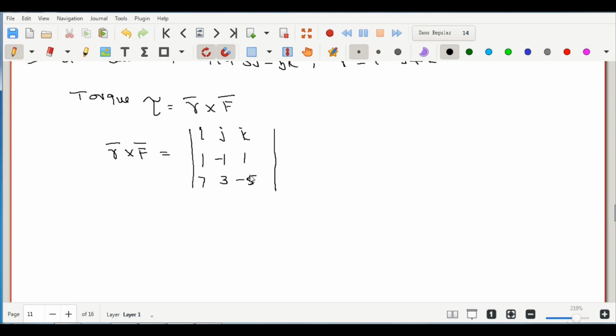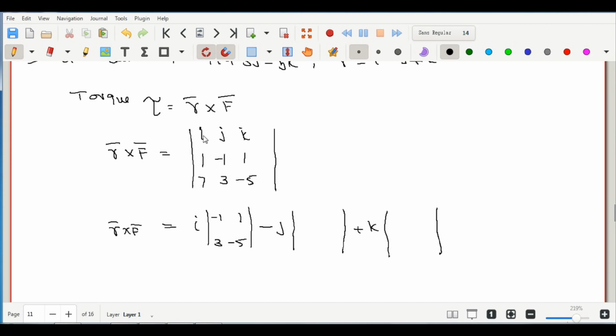I have to find the r bar cross f bar value, that is equal to i into a small determinant, minus j into a small determinant, plus k into a small determinant. For i, cancel these terms, write these numbers in this small determinant, that is minus 1, 1, 3, minus 5.